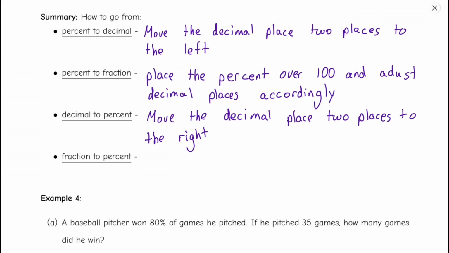And finally, fraction to percent. Rewrite the fraction with 100 in the denominator.